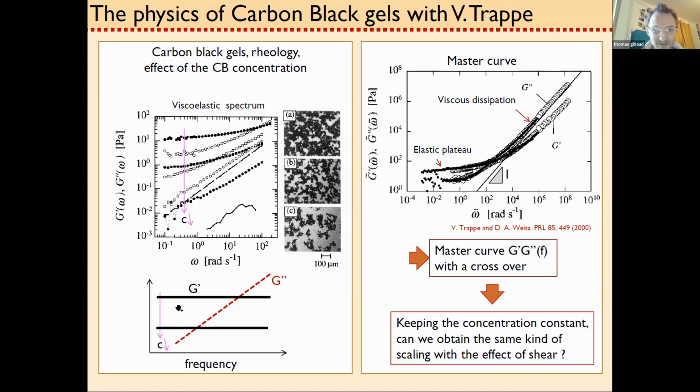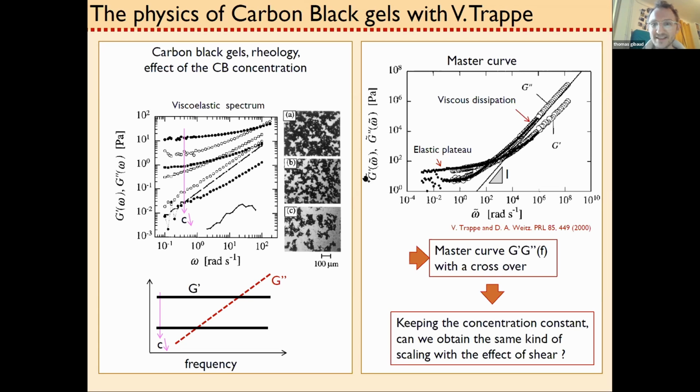And so the idea is that you can sum up the viscoelastic property of such system in this way. You have an elastic plateau, which is set by the concentration of the gel. And then you have the viscosity, which is set by the viscosity of the background, basically. And so you're going to move the elastic plateau on this background viscosity with concentration.